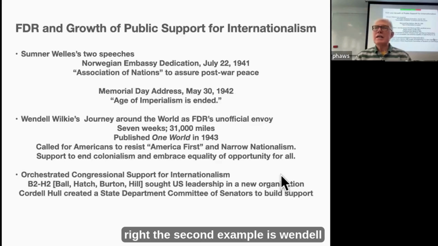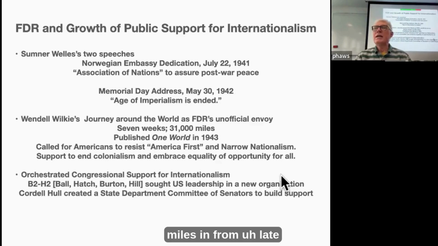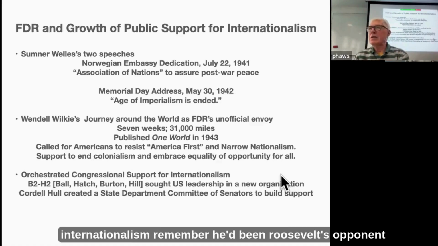All right. The second example is Wendell Willkie's journey around the world. He went around the world, 7 weeks, 31,000 miles, from late October 1942 to his return 7 weeks later. Willkie became a celebrated proponent of internationalism.